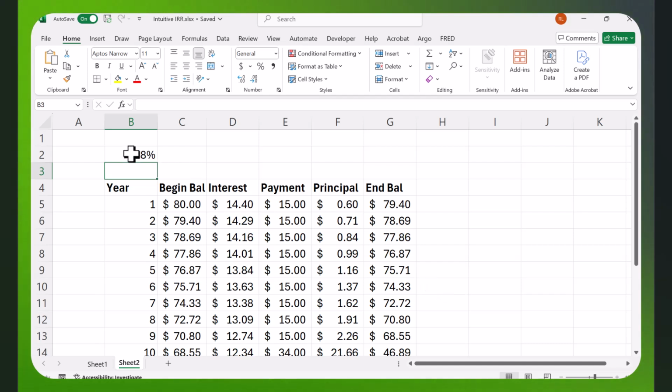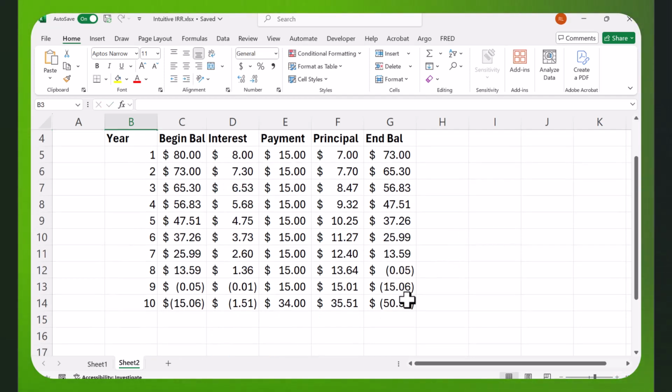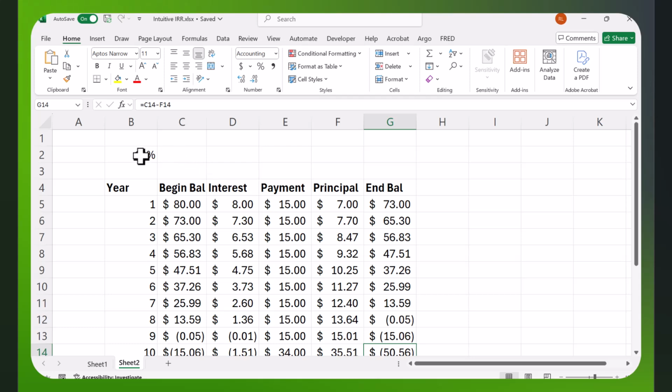If we had an interest rate here, let's say that is 10%, you can see that we don't pay off the loan. It turns out that in year 10, we still have a pretty large balance, right? So this is going to be a project that's not good. So it's a little different perspective from what you're used to seeing.